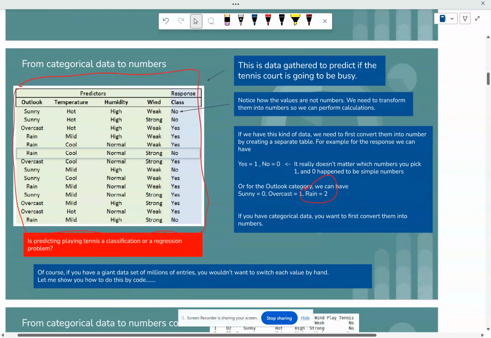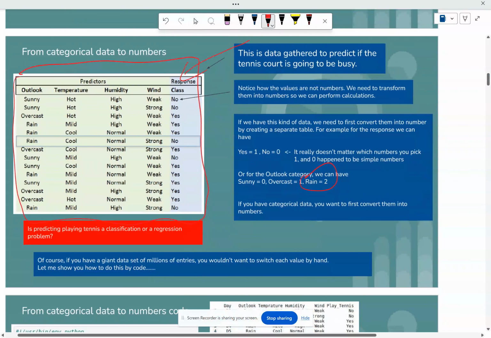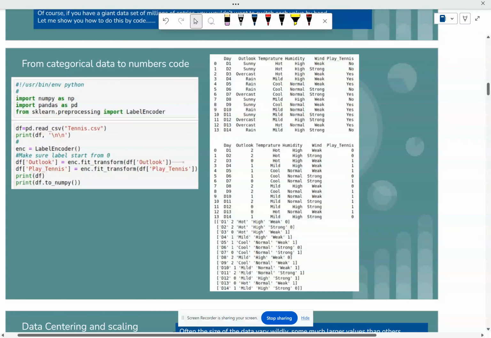Okay. Of course, you don't want to do this by hand. So most of the time we would be doing it in Python. LabelEncoder allows you to do that. So let's say we read this tennis data, we read the file. And after we read the file, we create this label encoder. And what we can do is call the encoder, and we can fit and transform a particular feature.